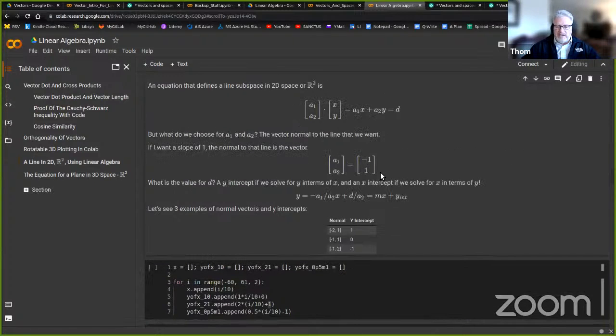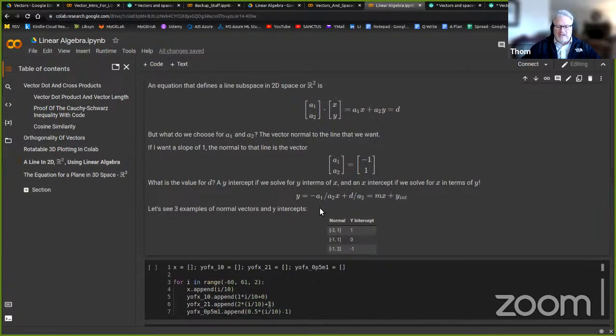But in this case, what we're saying is we want to force the y-intercept, this d over a2, to be 1. And if we set this as the normal vector, that's how we get those slopes.